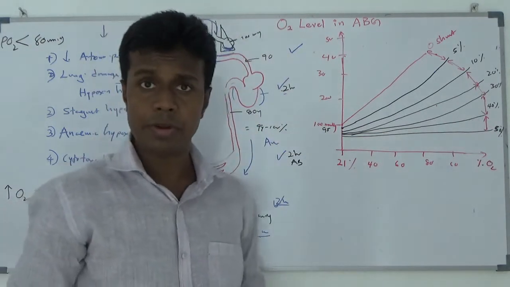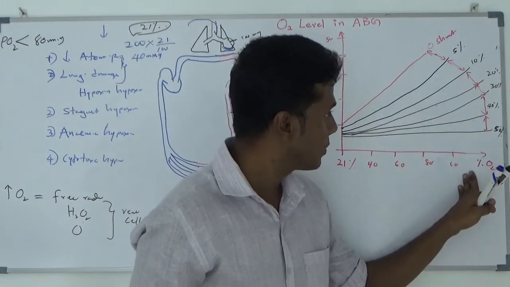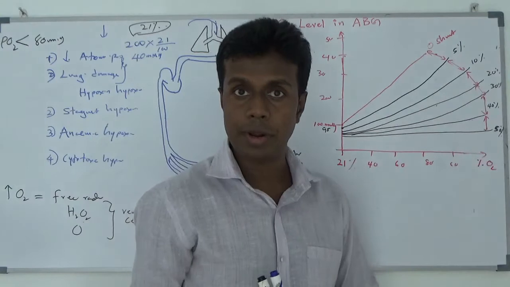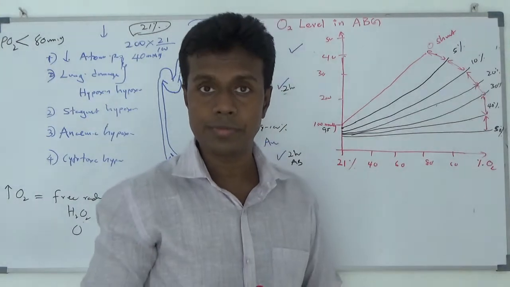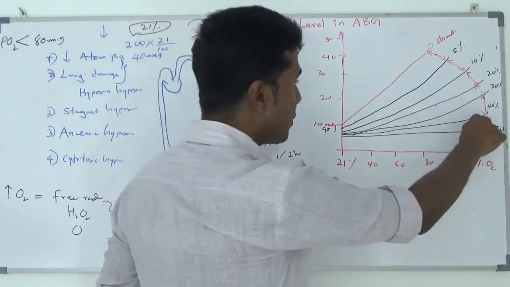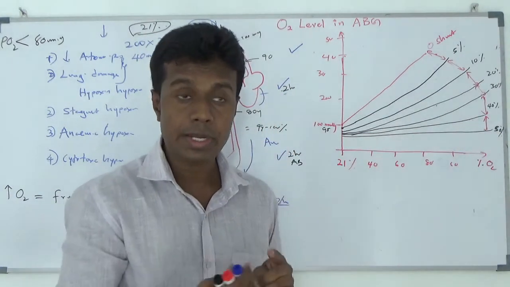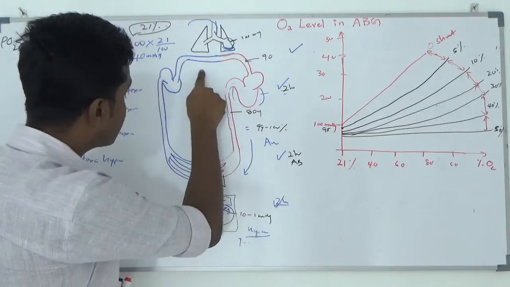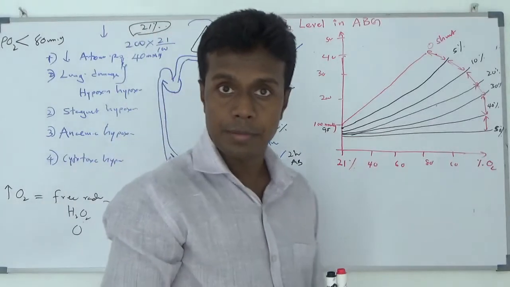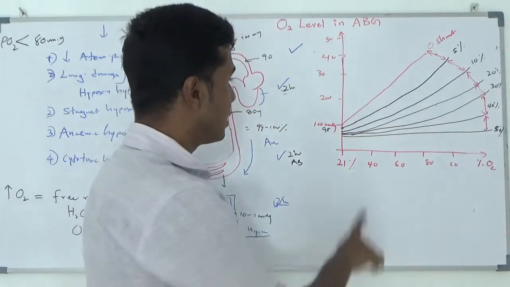If you have 50% shunt, even though you give 100% oxygen, you can't achieve enough oxygen concentration in your blood. You can't increase the oxygen level in the blood. That means from here to here, even though you give oxygen, you can't increase it, because most of the blood shunted from here to here will not oxygenate. They are acting as a shunt.